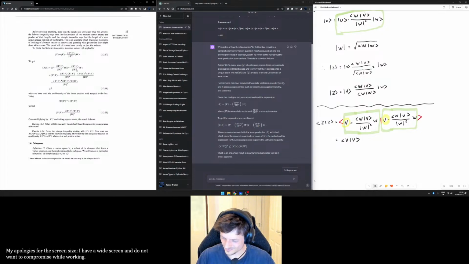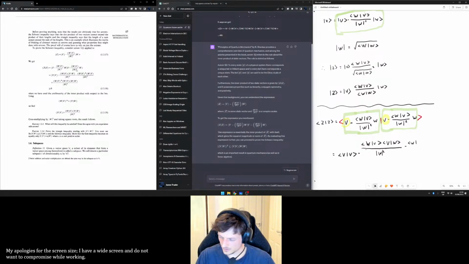I need some copycatting here again, because I need to circle things. So let's see how this is done. V W V V W over W squared minus the same, but one's the conjugate.